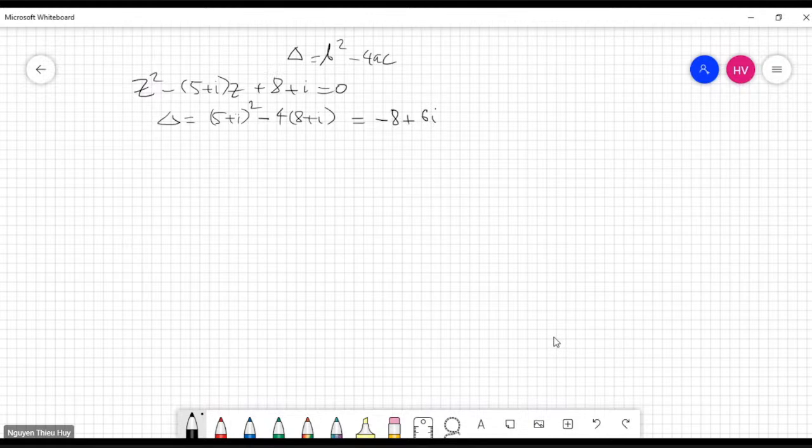Yeah, and this is simple to compute. So you can apply the practical formula that I gave you before. What is the practical formula?